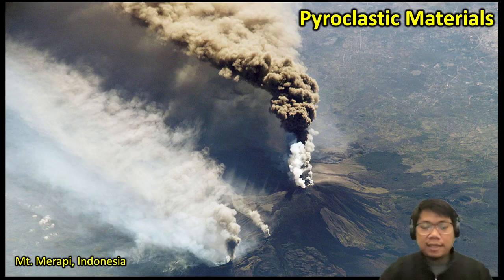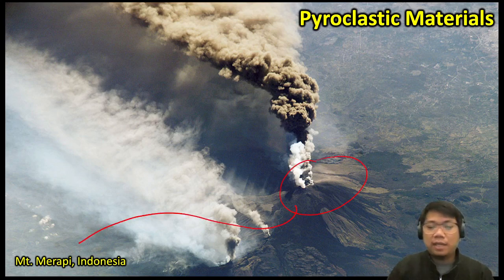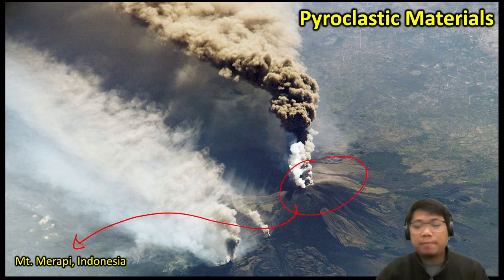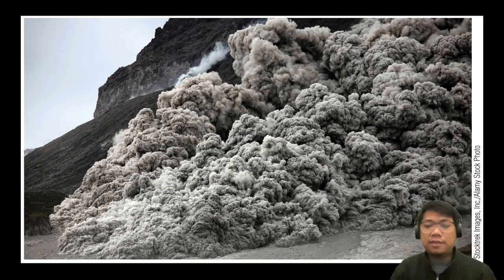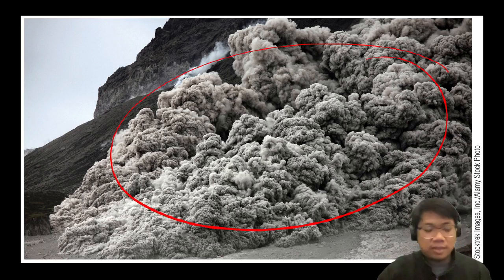Again, this is an example of pyroclastic materials released by one of the most active volcanoes in Indonesia, which is called Mount Merapi. And here is another view of how pyroclastic flows look. These are very, very hot materials, and they can be very, very dangerous because they can reach up to 1,000 degrees Celsius.